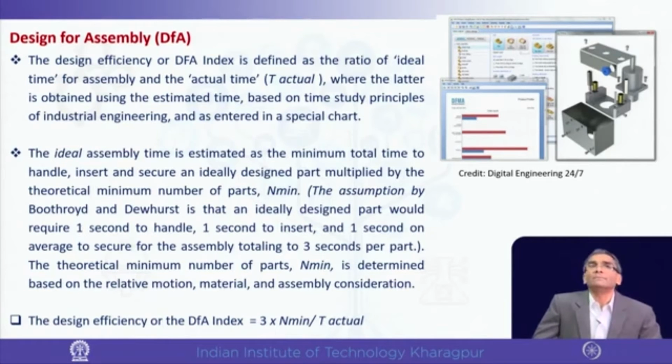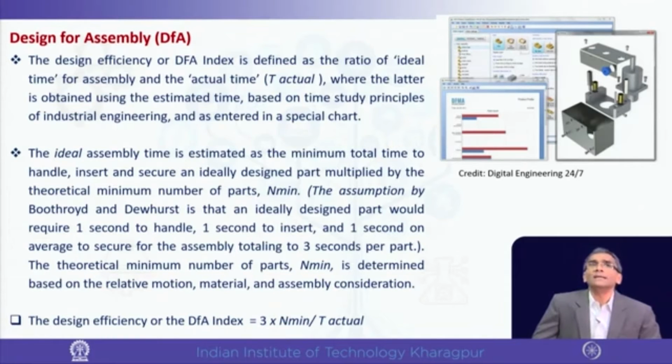Okay, we will come to that, but before that, what is the time per assembly? Here one very popular assumption made by Boothroyd and Dewhurst is that 3 seconds is to be considered for each to be minimal.